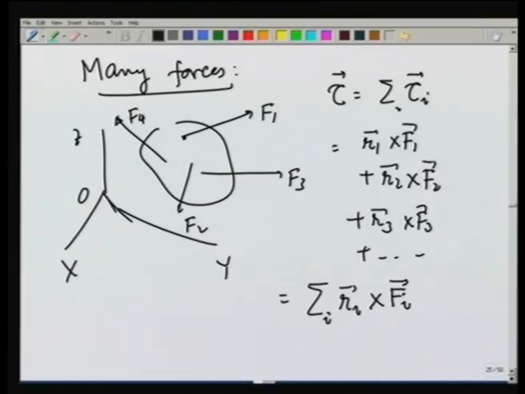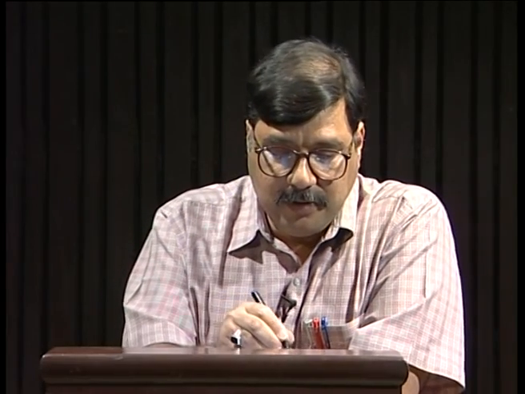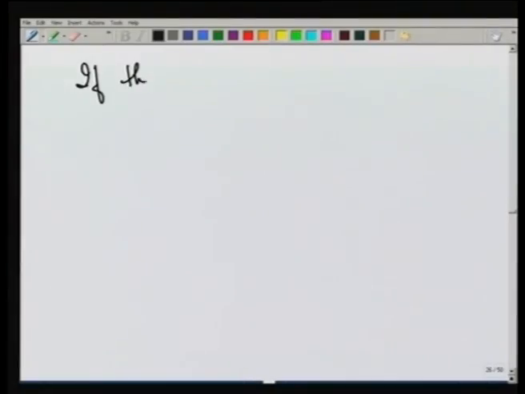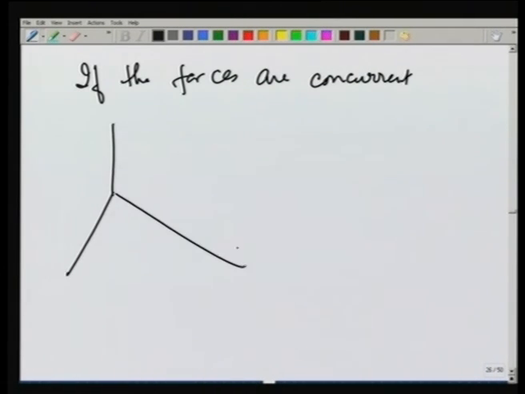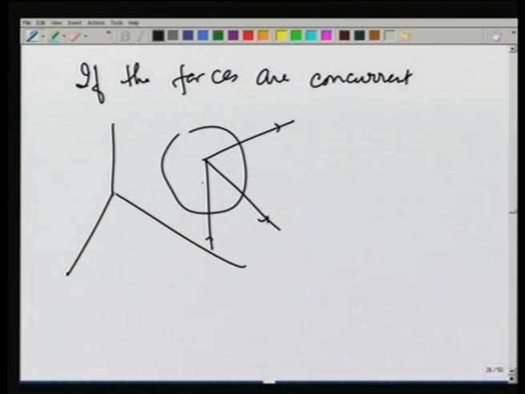If the forces are concurrent, that means they all meet at some point, this may be one force, this may be the other force, this may be the third force, fourth force, fifth force and so on.